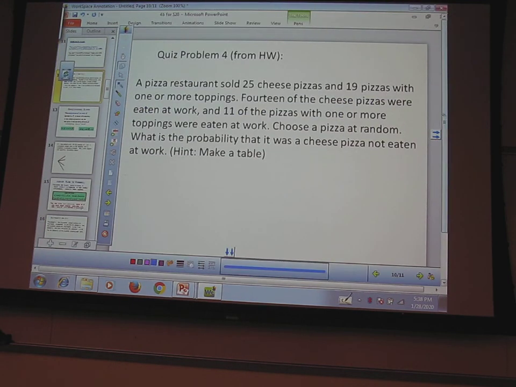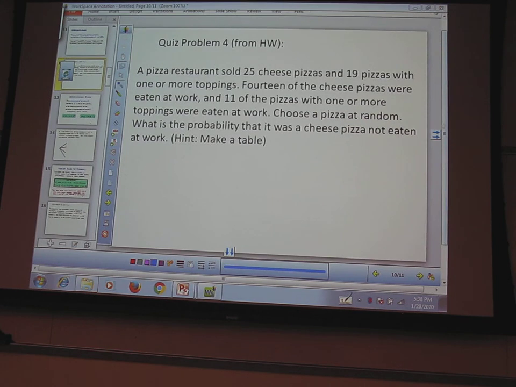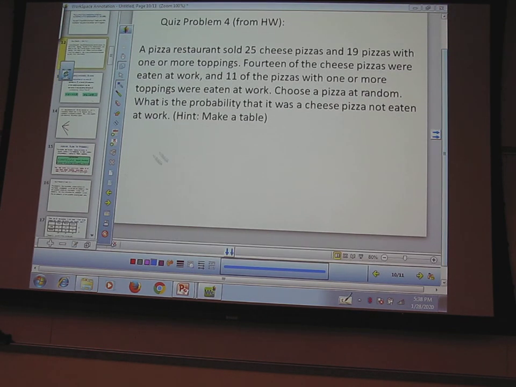Who's got problem 4 from your homework? So, what are the things we know about a pizza? There are a couple things we know about a pizza. What's the first thing we know about pizza from this place? It's either cheese or more than that, right? So it's either cheese or one or more toppings.